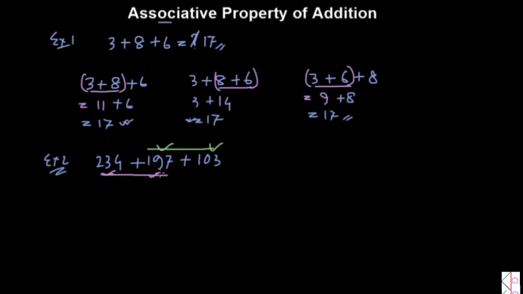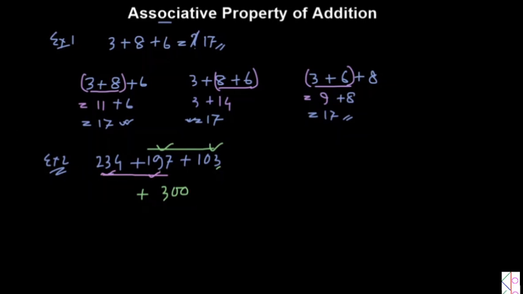In our first part, it is a little bit cumbersome. In our second part, you see 197 plus 103. If we add 3 to 197, it becomes 200, and 100 means 300.